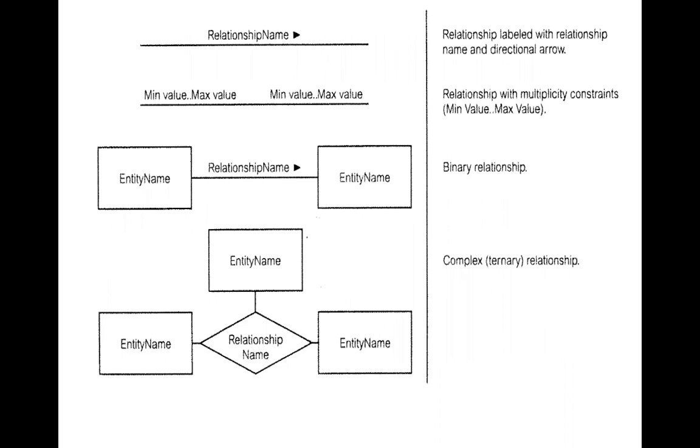Relationships are represented by a line. With UML, there's just one type of line. It's always solid. A relationship can have a name. A relationship can have a direction as well, right? And for a relationship, we can specify values, minimum, maximum, minimum, maximum, right? Remember what we just went over?